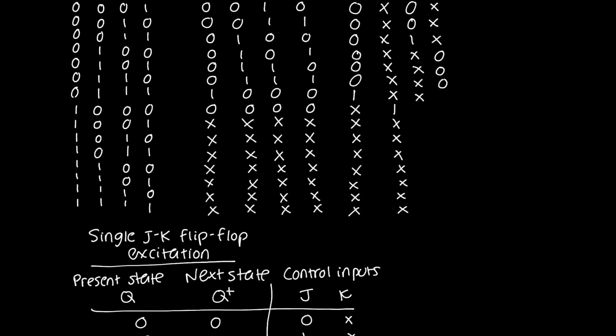X1 goes over here. And what about the next row is just a 0 to 0, which we said is 0X. There we go. And for all the rest, because my next states are don't care, I don't care what the control inputs are. So I'm just going to put X's all the way down.